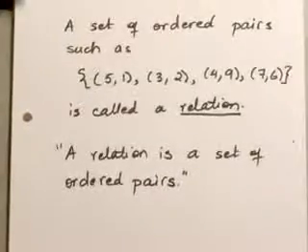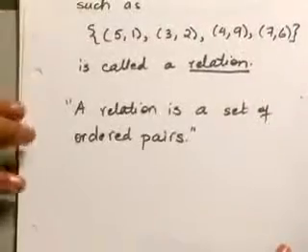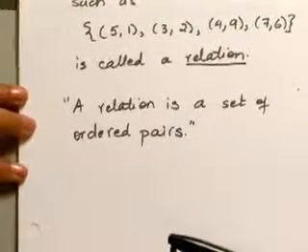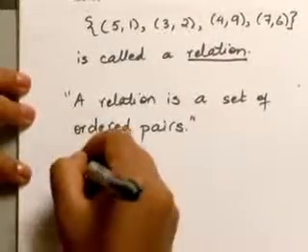So if a relation is a set of ordered pairs, what is a function? Think about a function as a special sort of relation, and we can define a function as follows.